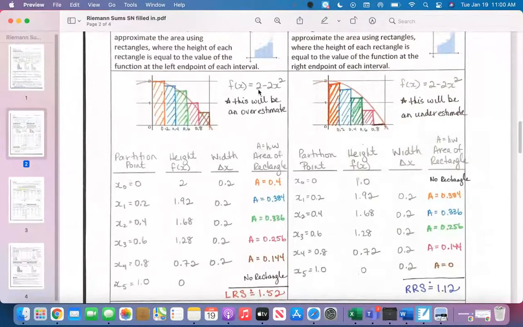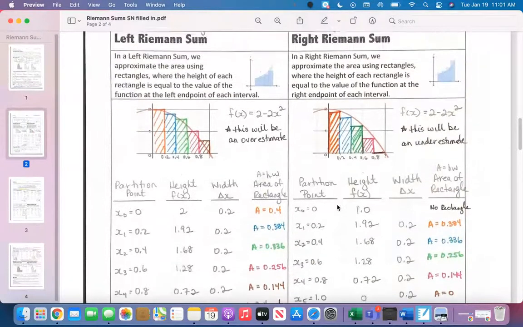So this is going to be an overestimate because it's going over the curve for each one. So my areas here are going to be a little bit more than they should be. So I know that my left Riemann sum for this decreasing function on this interval is going to be an overestimate.